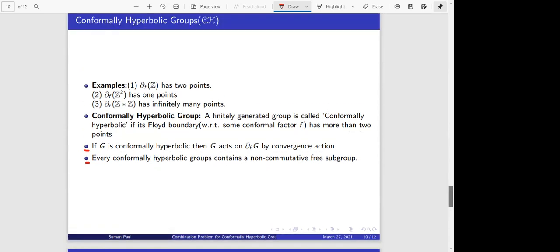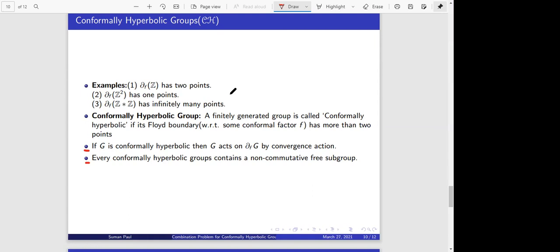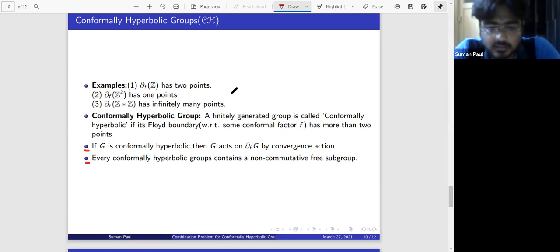So like you said, we already have some examples where the Floyd boundary has 2 points or 1 point. But what about, say, 3 points or 4 points? If it has more than 2 points, it can be proved that it must have infinitely many points. Right, okay. It is something like ends of a group.